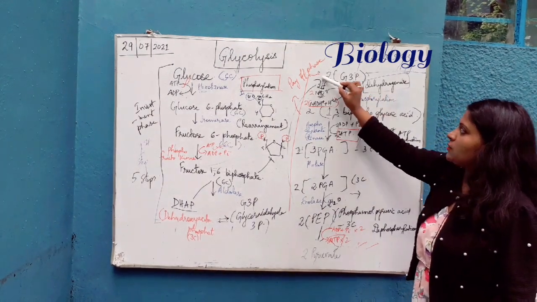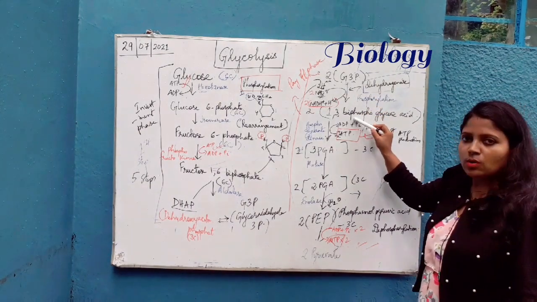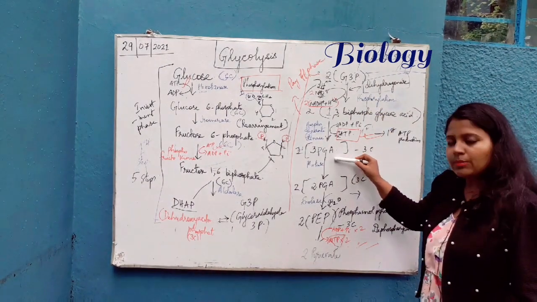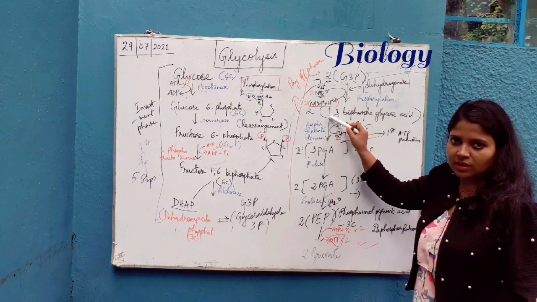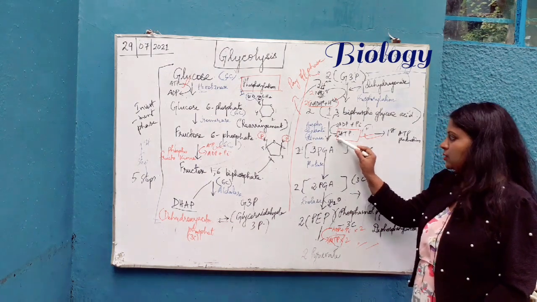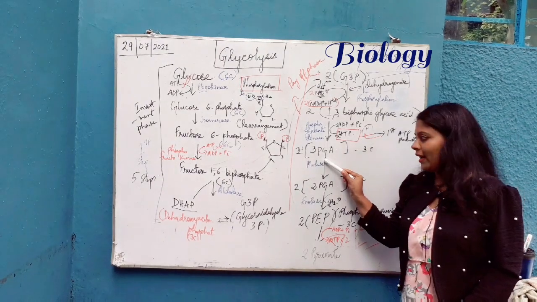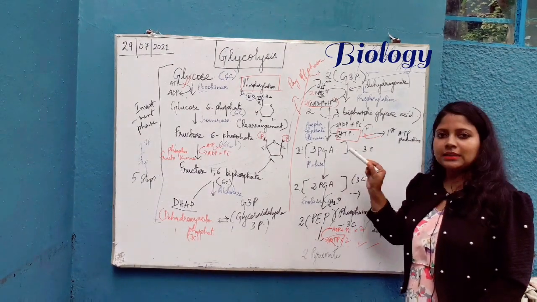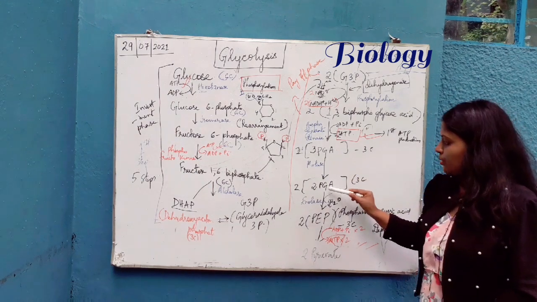So, oxidation of G3P has taken place, the aldehyde group has formed an acid now. Here also the same acid is formed, only this one phosphate will be removed from the compound and transferred to ADP to form ATP. So, ATP is produced here. Now, 3 PGA means only one phosphate is present at the third carbon atom. So, that is why it is a 3. So, 3 PGA has been produced.